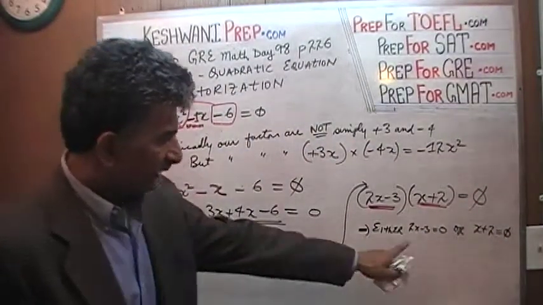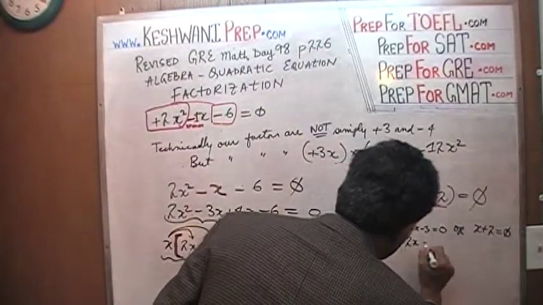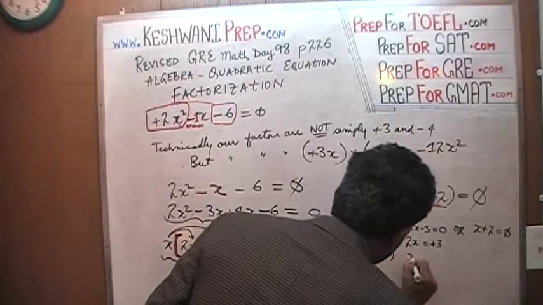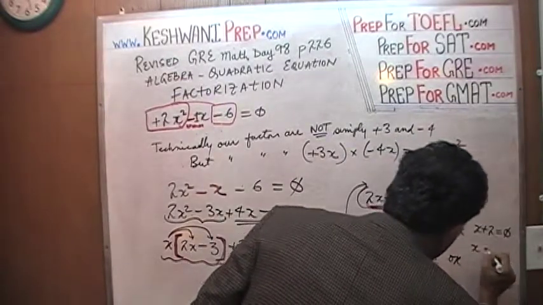If 2x minus 3 is equal to 0, that implies in return that 2x must equal positive 3, which in fact implies that x must be equal to 3 over 2, or x must equal negative 2.